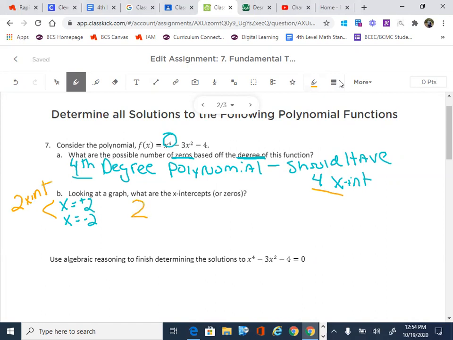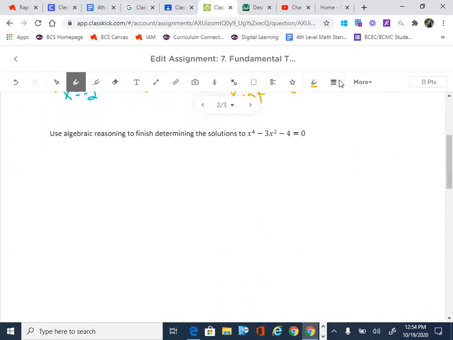That means that there are 2 complex and imaginary x-intercepts. So for the next section of this problem, we're going to determine those 2 complex and imaginary x-intercepts using algebra. The first thing we do is set up.